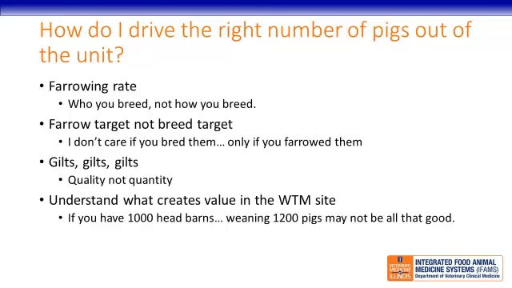And they get that right over a long period of time. And number 3, we talked about this a little bit, but if you have 1,000 head weaned-to-finished barns, or 2,000 head weaned-to-finished barns, and you wean 1,200 pigs for 1,000 spaces, I'm not sure what those 200 extra pigs create in value.